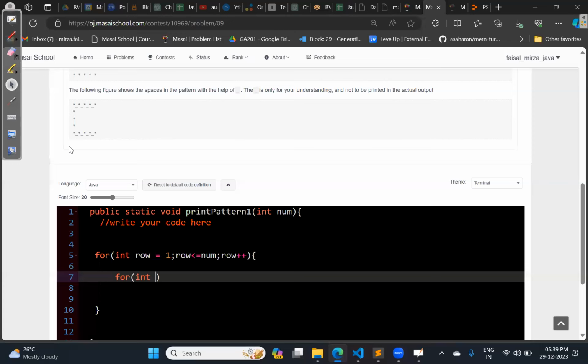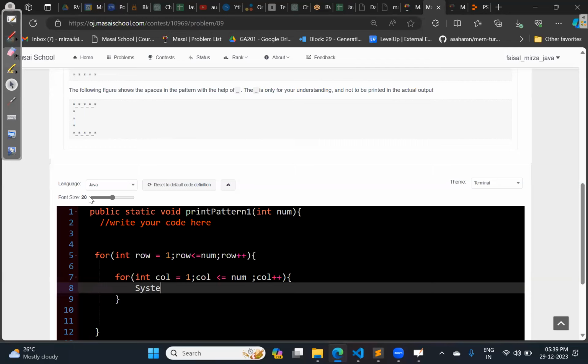Consider that we will first try to print a box which is filled up with all the stars. Column equals to 1 and column is less than or equals to num, then column plus plus. Then print star plus space.